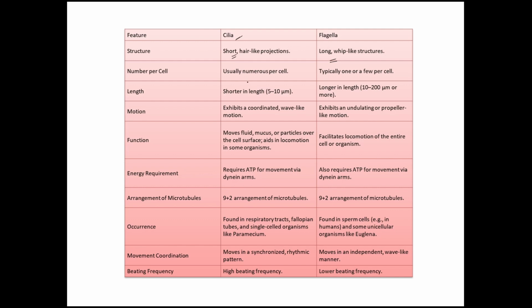Now cilia are numerous per cell, whereas flagella are typically one or a few per cell. Cilia are shorter, whereas flagella are longer in length. Cilia exhibit a wave-like motion, whereas flagella exhibit a propeller-like motion.